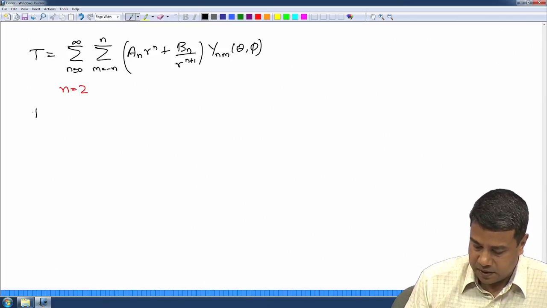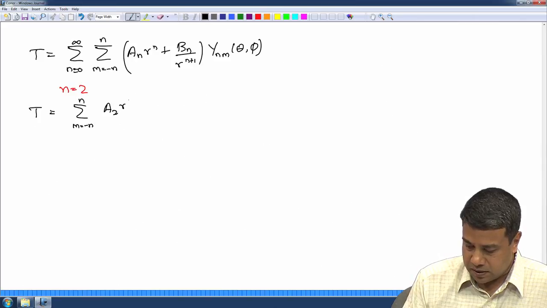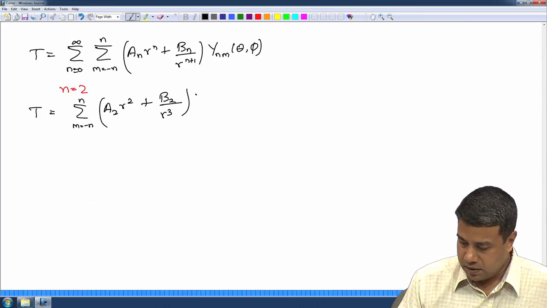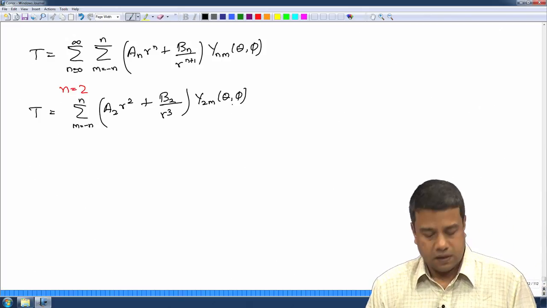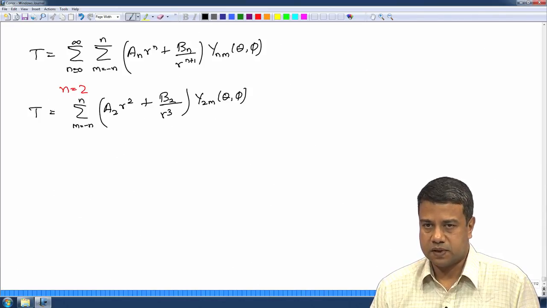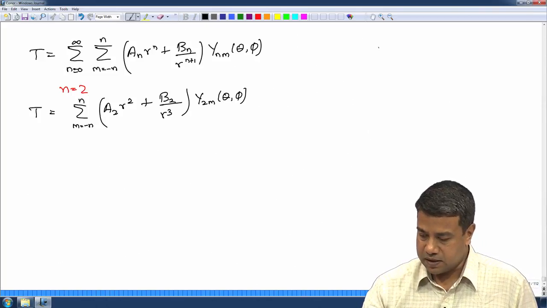The temperature is given by A2 r square plus B2 by r cubed into Y2m of theta and phi. In this case, m goes from -2, -1, 0, +1, +2. Okay. I will not be able to go through the details of how to derive these. The procedure is exactly the same as I had done it for the dipoles. Okay. What do these correspond to?